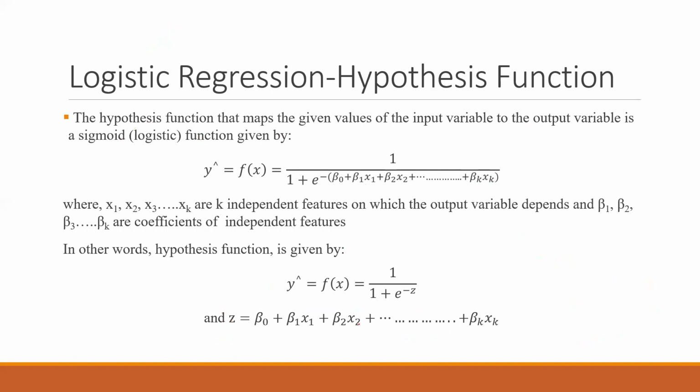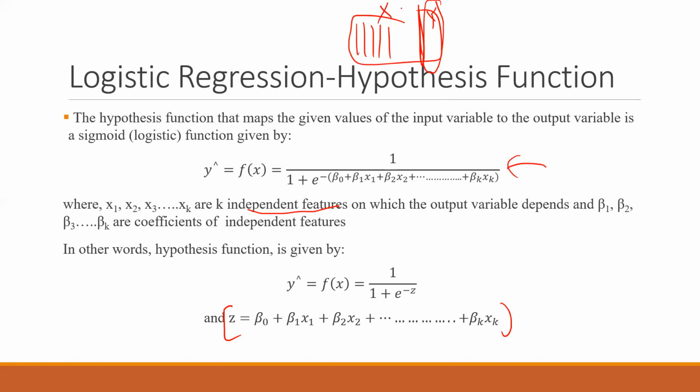We were earlier only dealing with this, but now this equation has been updated to this part, 1 upon 1 plus e to the power minus z, where x1, x2, x3 are my independent features, all my features that were on the left hand side of my Excel sheet, and y was my final class.